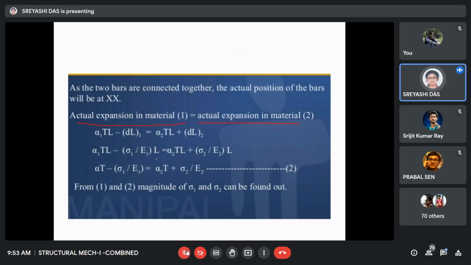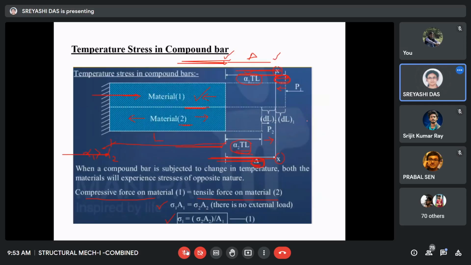So here, for material 1, the strain produced will be alpha 1 TL minus delta, which is the change in elongation DL1, this part. And for material 2, the change in length will be DL2.